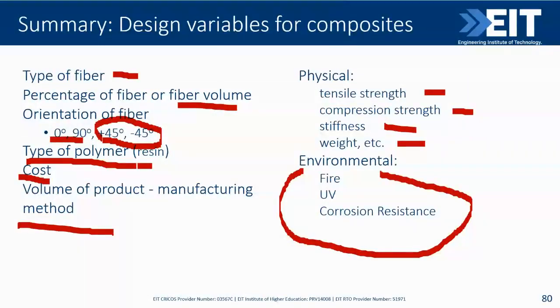Environmental influence is also important here: environmental resistance, fire resistance, UV resistance, and corrosion resistance. Not improve, we need to optimize this, and take it into account, because the behavior of composites in this aspect is different from conventional structural materials.